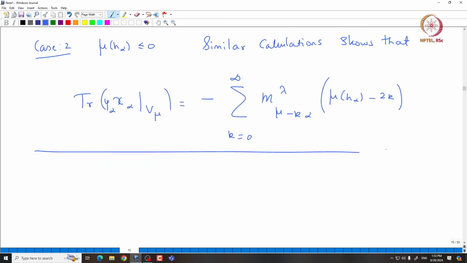Okay. So, before that we want to rewrite this double star again. How do you rewrite? One can rewrite this using the action of h alpha. Note that h alpha is nothing but the commutator of x alpha and y alpha, which is x alpha y alpha minus y alpha x alpha.